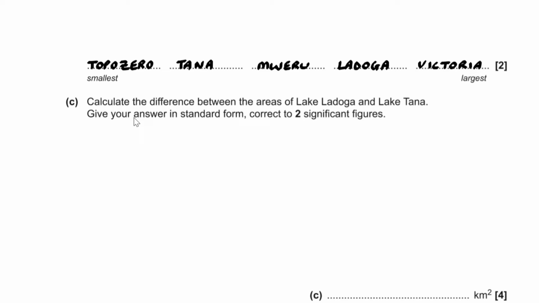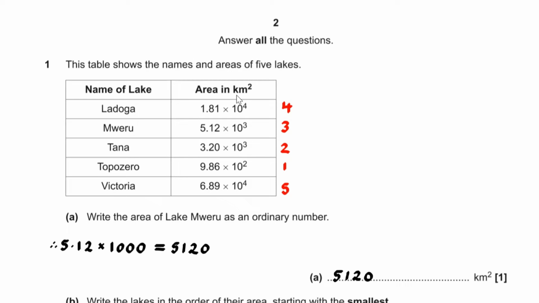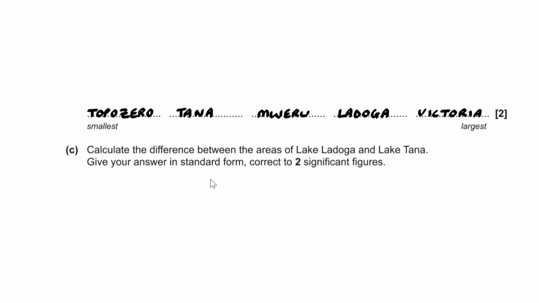Part C of the question, we have to calculate the difference between the areas of Lake Ladoga and Lake Tana. Give your answer in standard form, correct to 2 significant figures. Well, given this table, what we need to do is find out the difference between these two lakes. So the difference is 1.81 times 10 to the 4, subtract 3.20 times 10 to the 3.